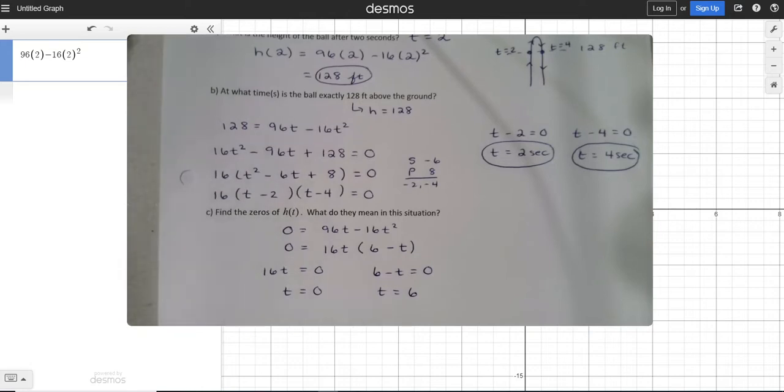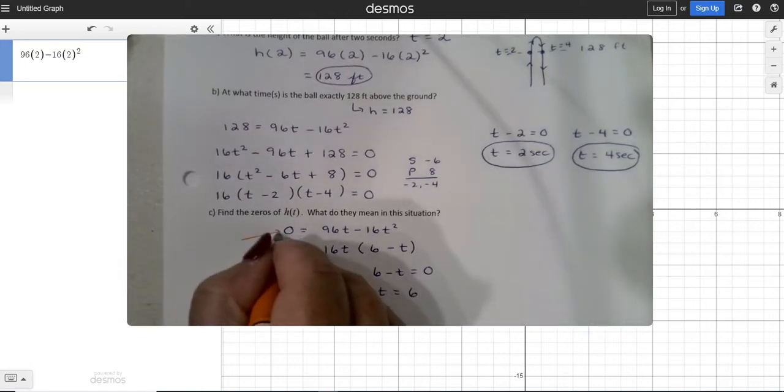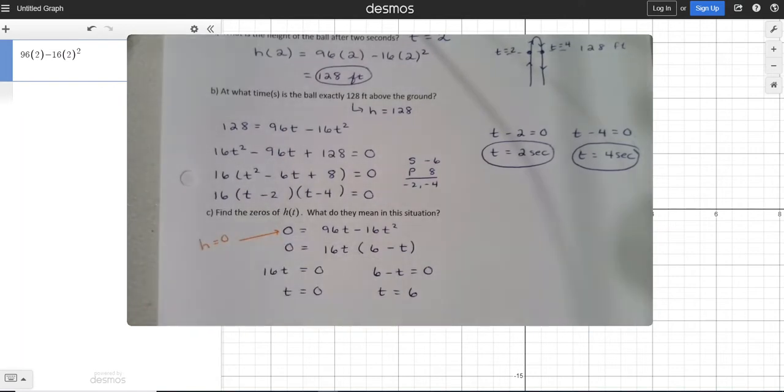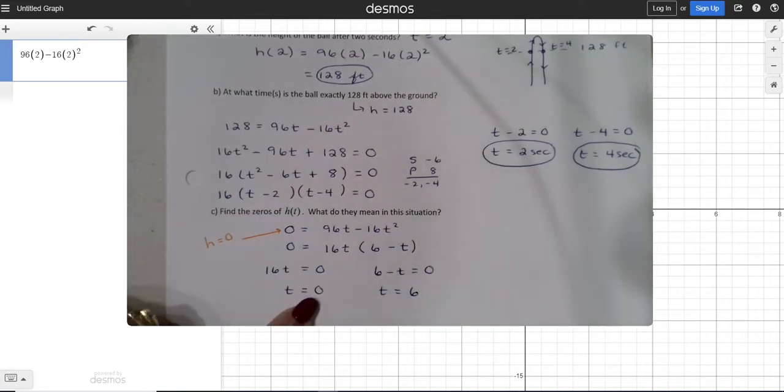As far as what they mean, what I really did when I set my function equal to 0 was I was saying the height was 0. Or in other words, the ball is on the ground, right? It has no height. Totally makes sense here. At the beginning, before we threw the ball up in the air at all, it was on the ground.